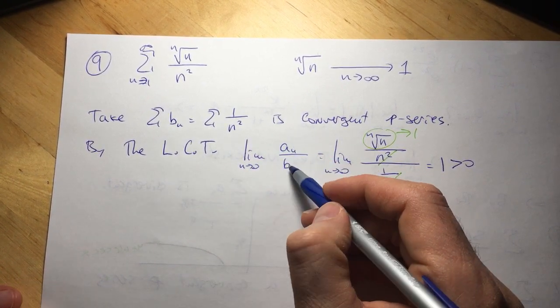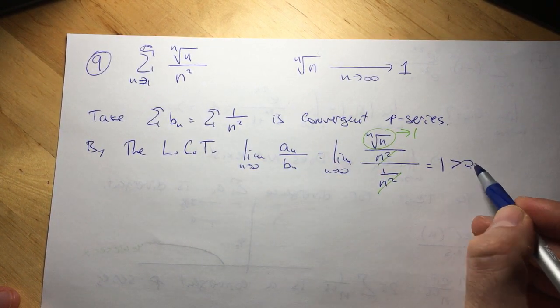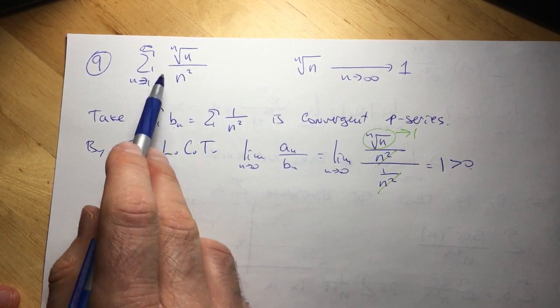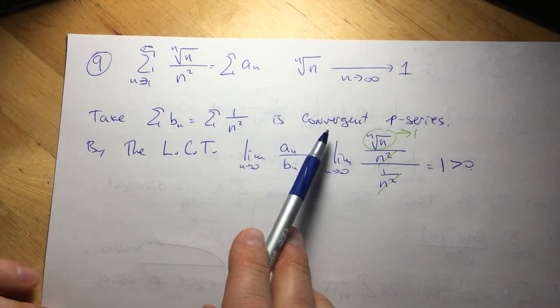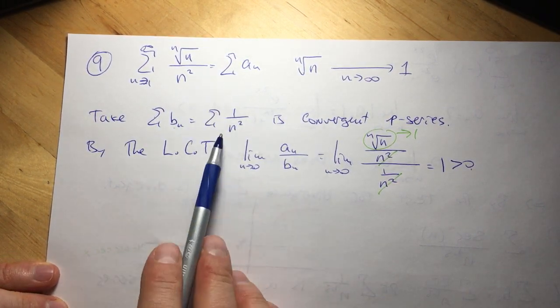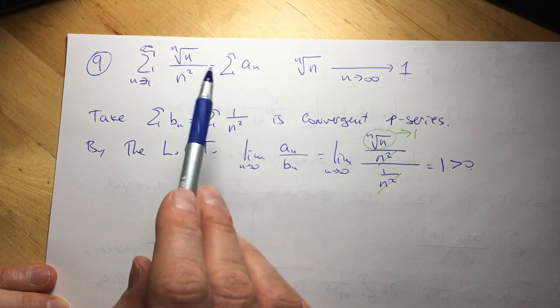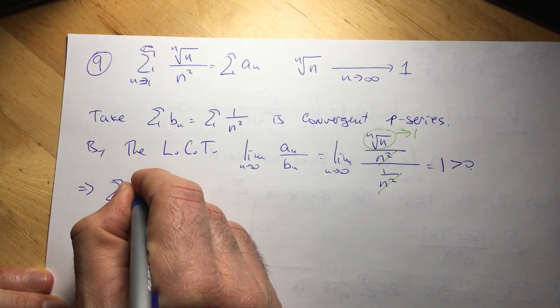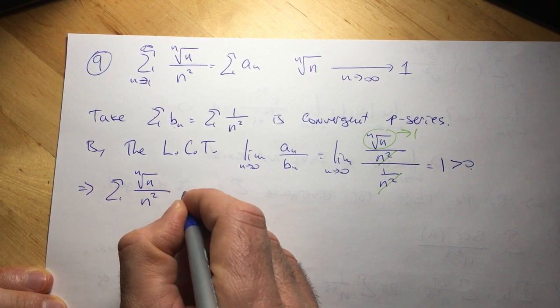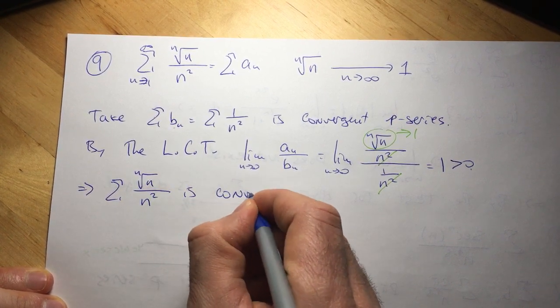So because the limit of an over bn is greater than 0, both series, sum of bn and sum of an, behave the same, because that means that either both of them are convergent or divergent. Since sum of bn is convergent, that implies that sum of an, nth root of n over n squared, is convergent.